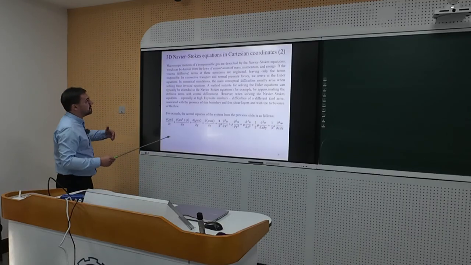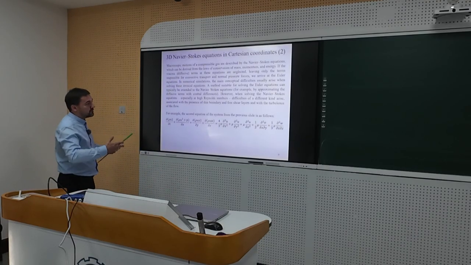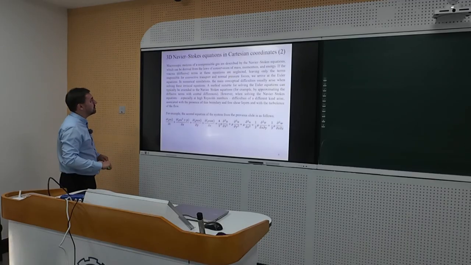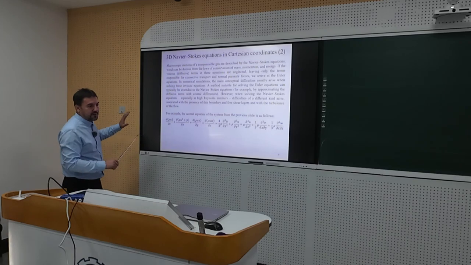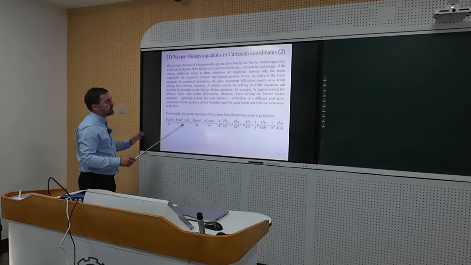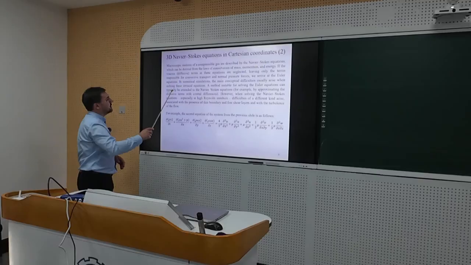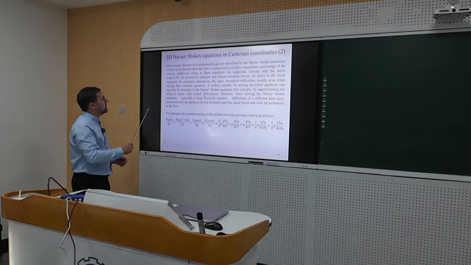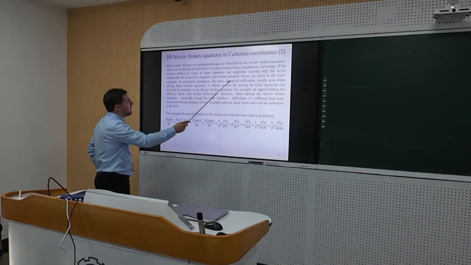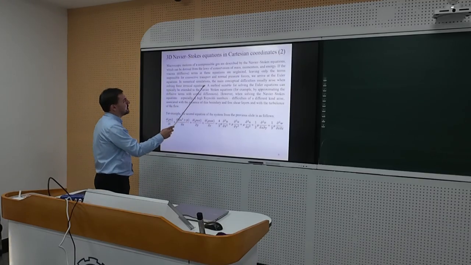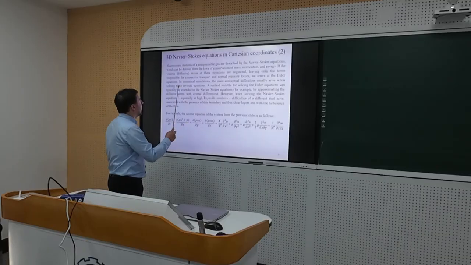Macroscopic motions of compressible gas are described usually in general by Navier-Stokes equations, which can be derived from the laws of conservation. Once again, they can be derived in the same manner as Euler equations, but take into account viscous or diffusive terms. If the viscous or diffusive terms in these equations are neglected, leaving only the terms responsible for convective transport and normal pressure forces, we arrive at the Euler equations.